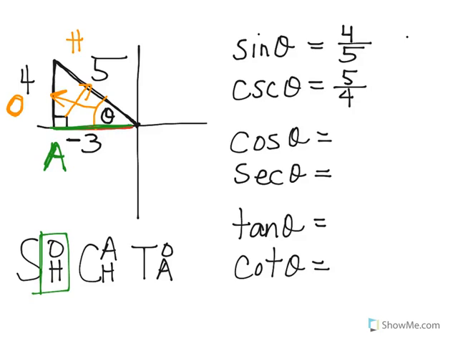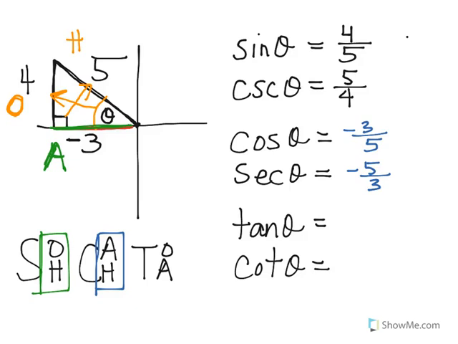Moving on to cosine theta. Cosine theta, based on SOHCAHTOA, is adjacent over hypotenuse. So that's going to give us negative 3 over 5. And secant theta is the reciprocal function of cosine, so we're just going to flip it. Notice we carry the same sign, we just flip the numerator and denominator. So secant theta will be negative 5 over 3.